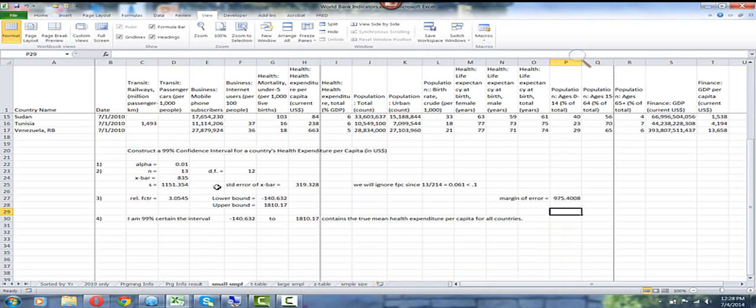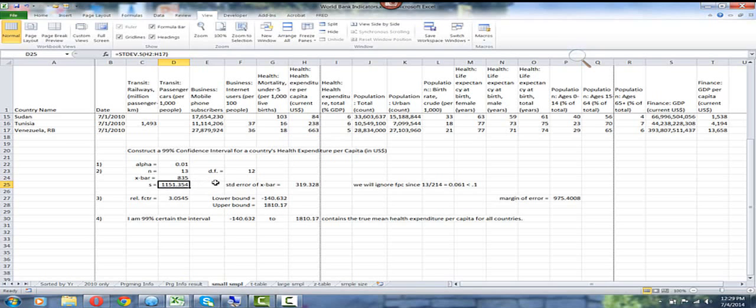So if you follow the 4 steps that I present to you in the notes, and I'd like for you to do that, you would identify the alpha first. And so if at 99%, then it's just 0.01. And then start calculating. Now you may be given the raw data, and you may have to calculate X bar and S yourself, and that's the case here, although I was able to use Excel, but you should also be able to do this by hand and show that to me like you had to in the first exam.